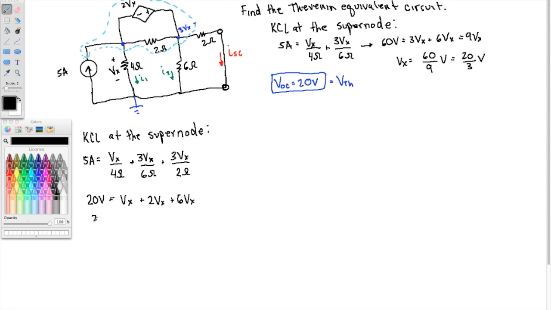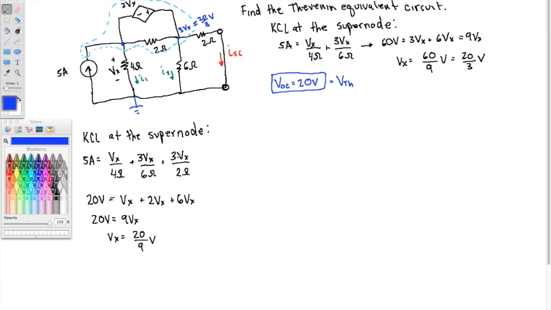So that's 9. And so Vx is 20 over 9 volts. Then this guy is 3 times that, so this is 20 over 3 now. I'll add it to the picture: 20 over 3 volts.